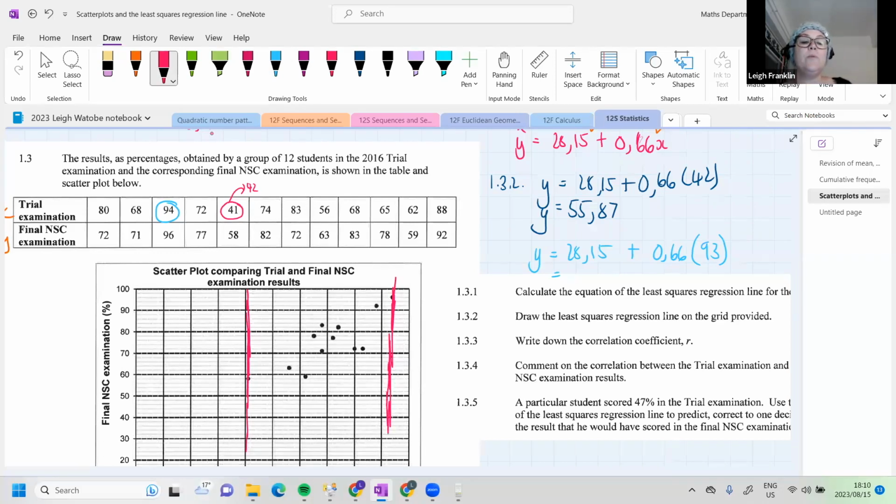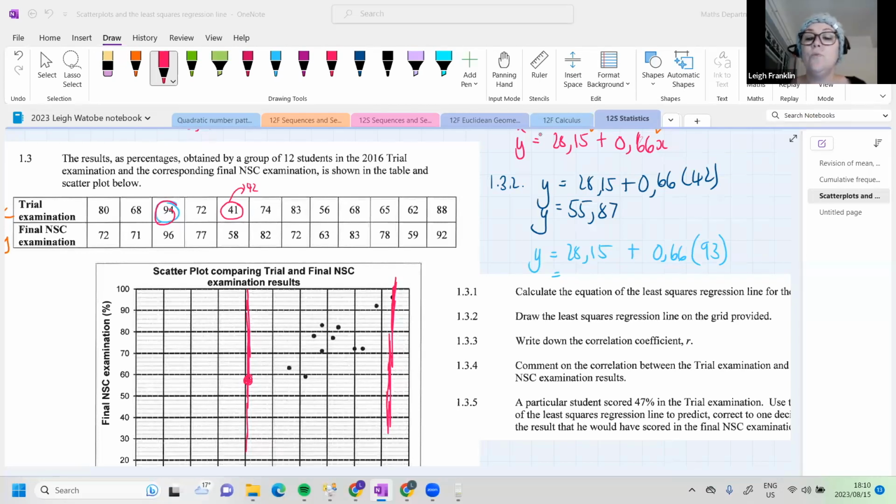So it's got to be somewhere in between these two pink lines. If I choose a value that's just slightly bigger than my smallest one, I'm going to get as close to this pink line as I possibly can on the left-hand side. If I choose a number that's just a little bit smaller than 94, I'm going to get as close to the pink line on the right-hand side.